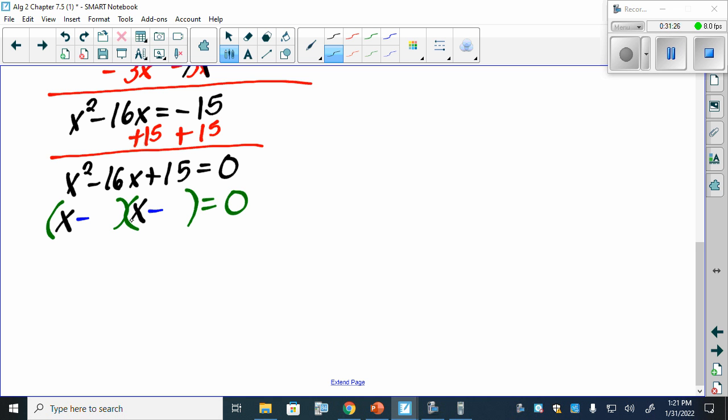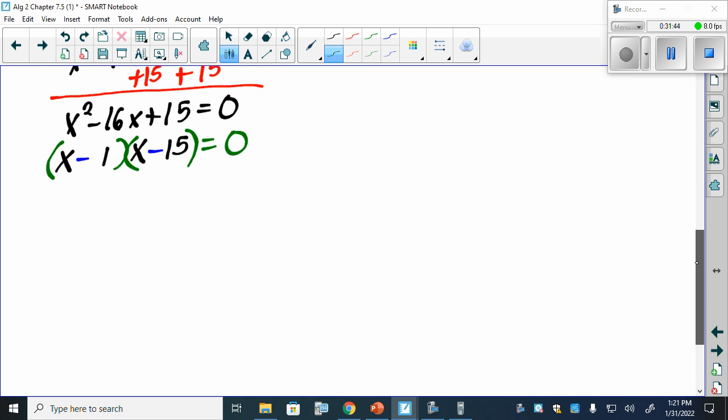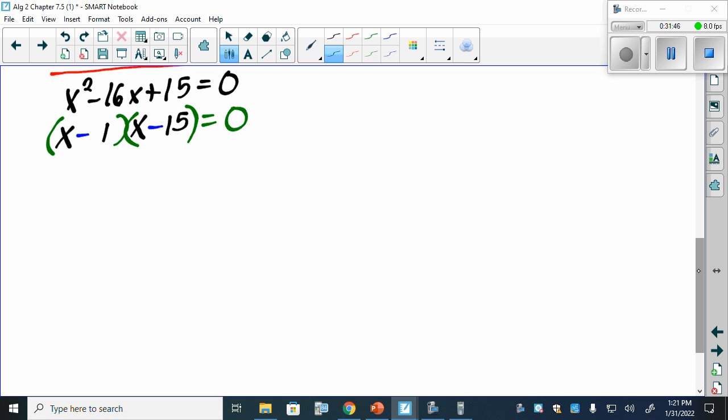Well, the ones that would be helpful are 1 and 15, because if we do multiply this back out, we would get a negative 16x for the middle term. So now that we've factored it, we do have x minus 1 times x minus 15.